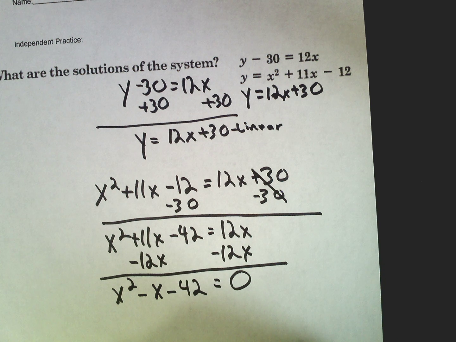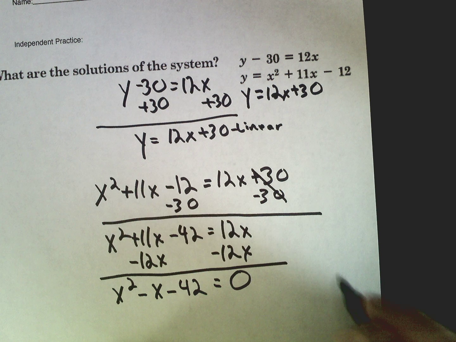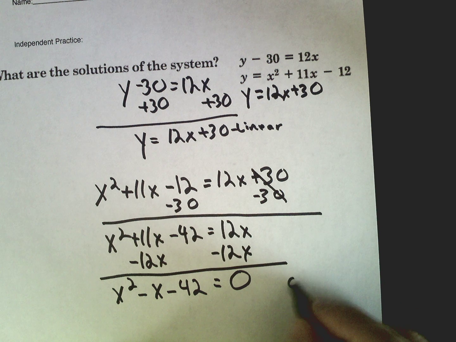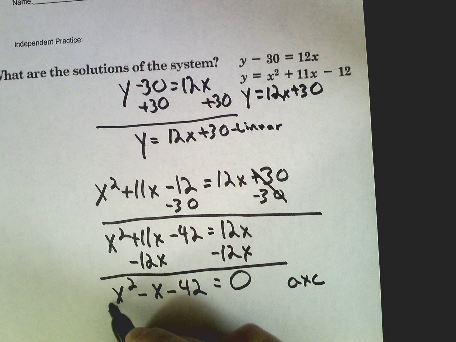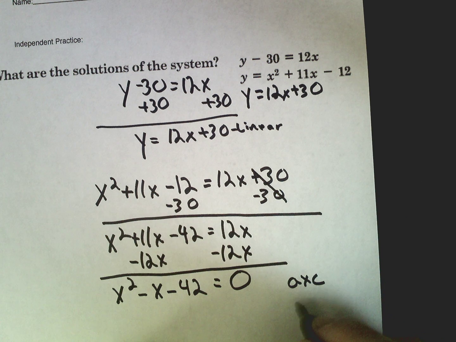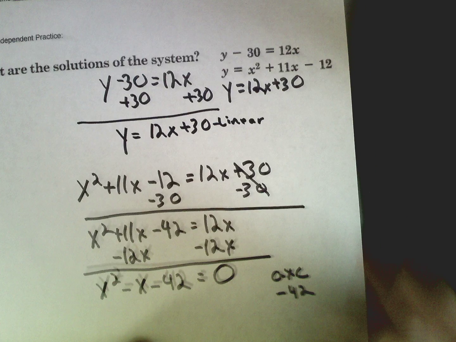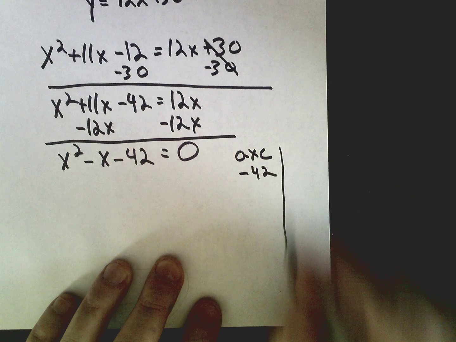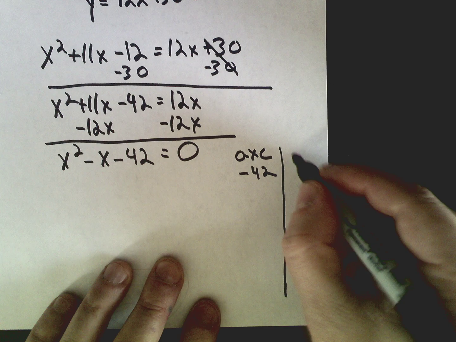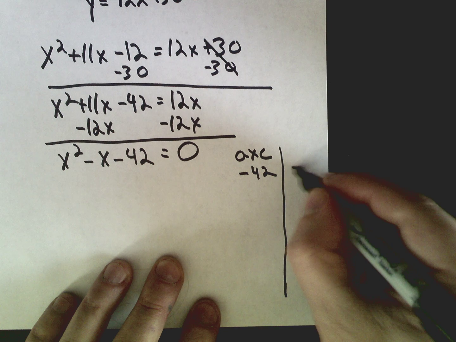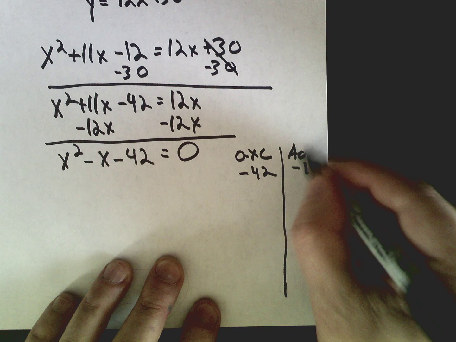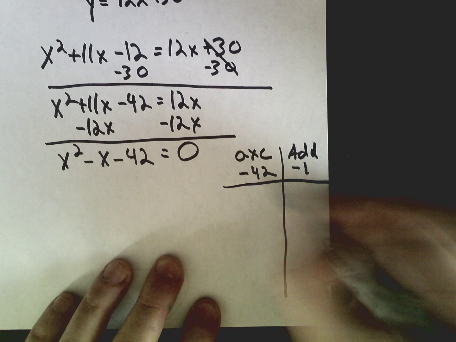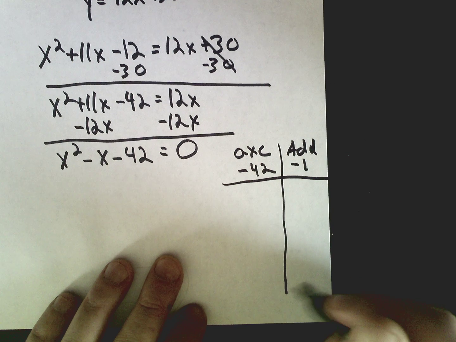Now this doesn't actually look too terrible to figure out as far as factoring goes. a times c, in this case, is 1 times negative 42. It's just negative 42. Now, the b they have to add up to is just negative 1. So it has to multiply to negative 42 and add up to negative 1.